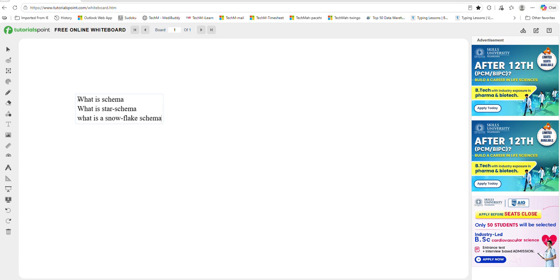Okay. Next, the difference between them, the difference between the star schema and snowflake schema. These two schemas, I will explain what the difference is.